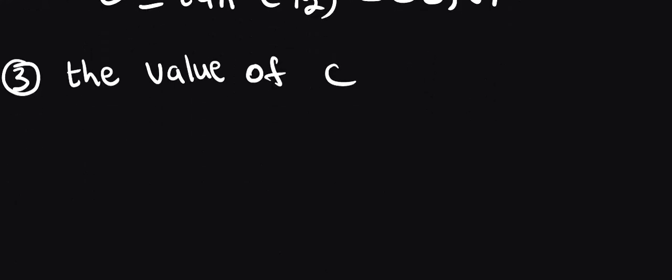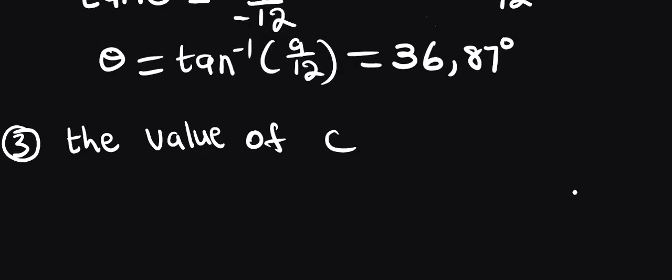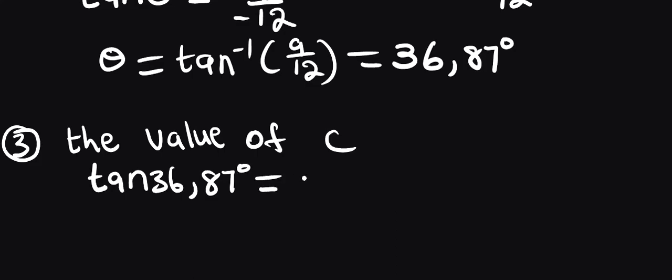We know that theta is equal to 36,87 degrees. Now we can use tan. We can say tan of 36,87 degrees is equal to negative 2 over c.